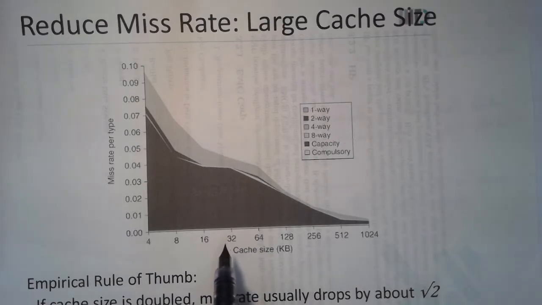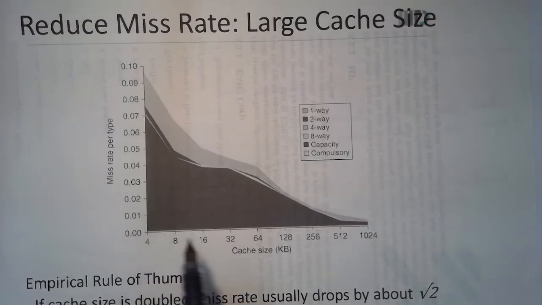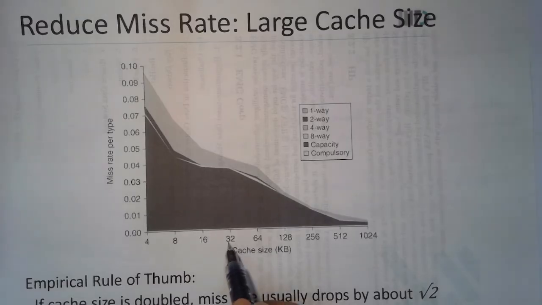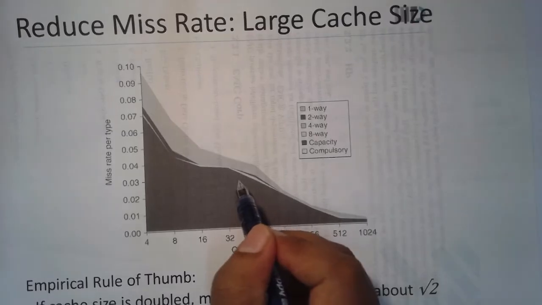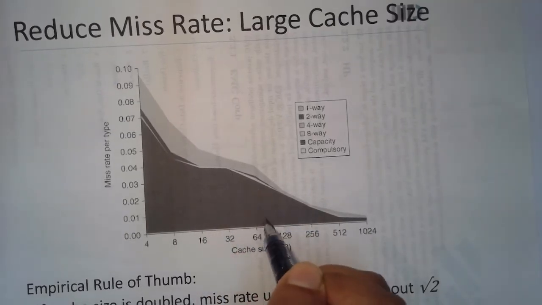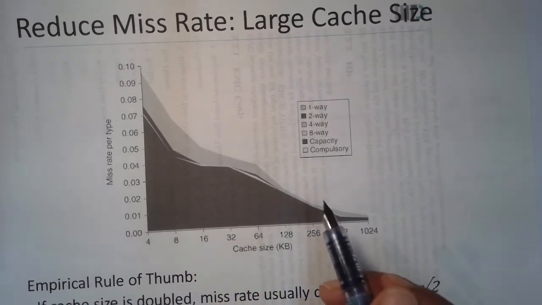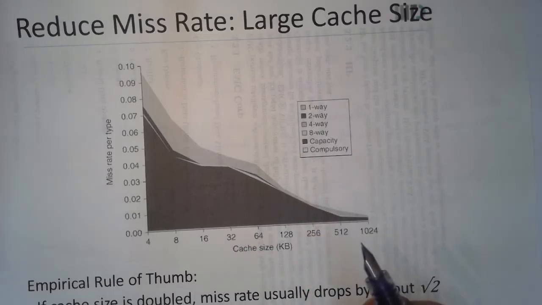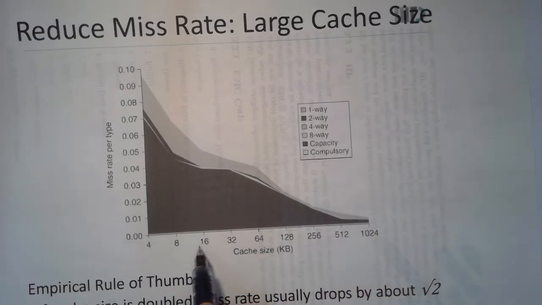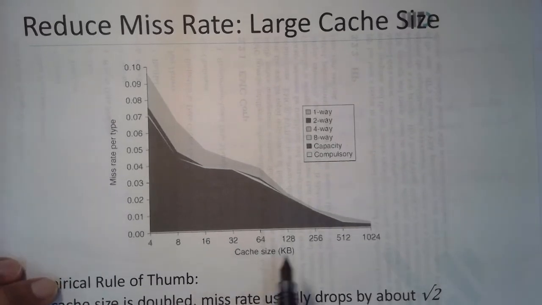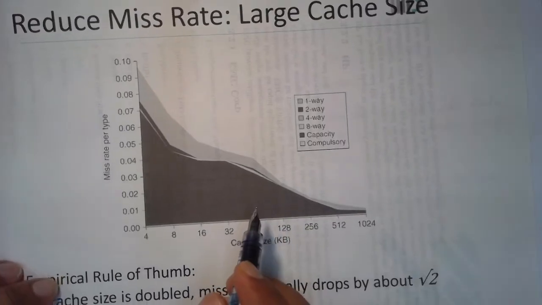It can be observed that if the cache size is doubled, let us say you go from 32 to 64, the drop in miss rate is in the range of √2. Okay. So, empirical thumb rule: if you double your cache size, your miss rate goes down by about √2.